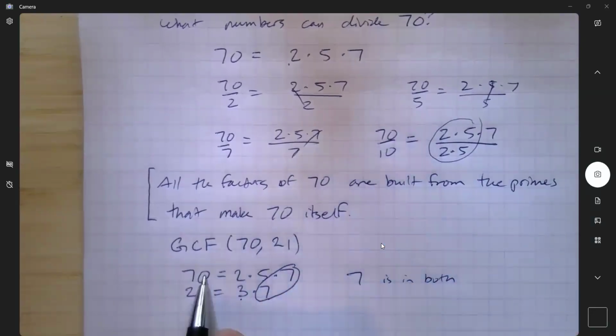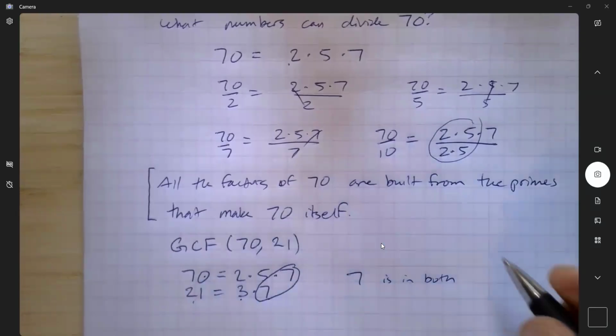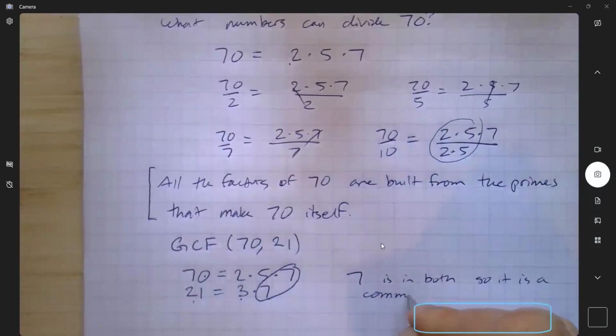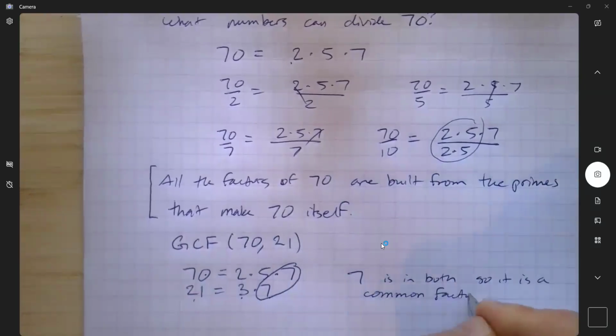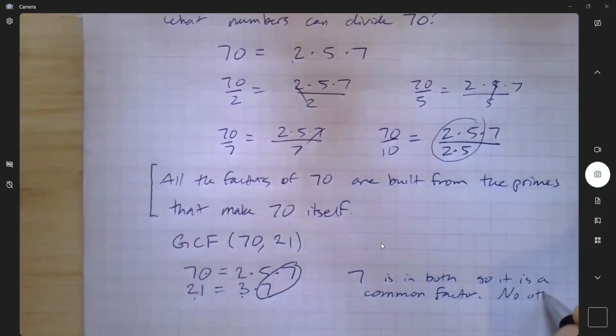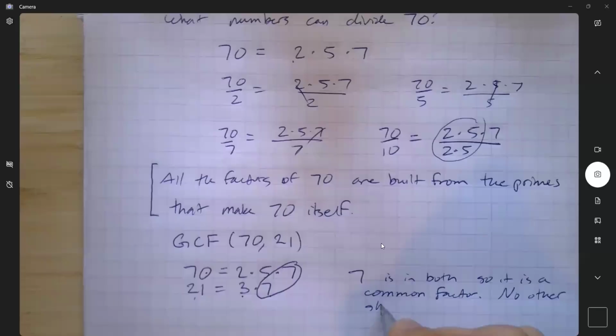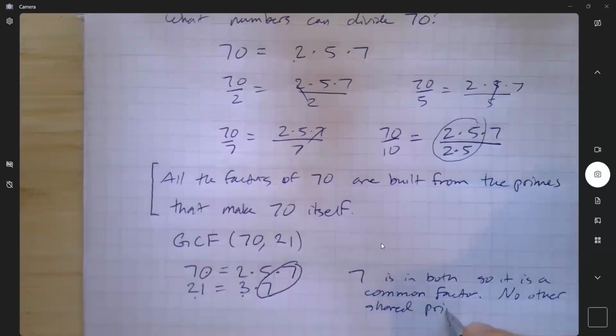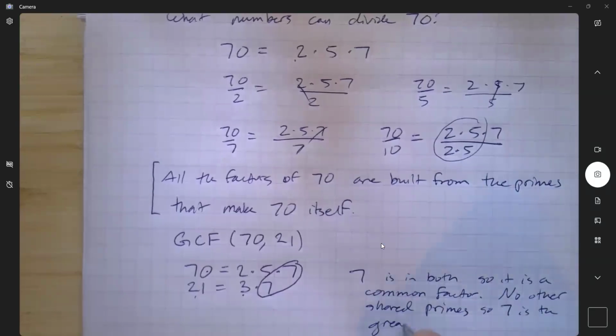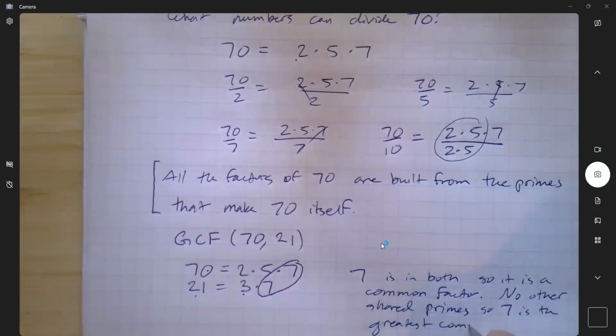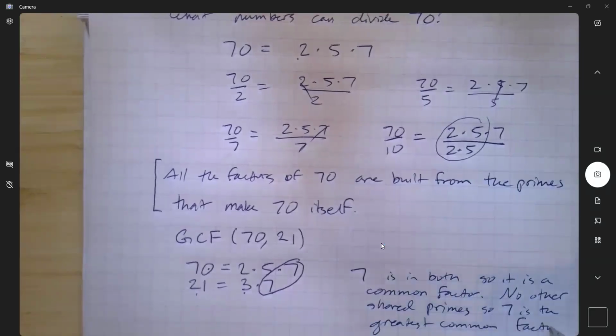That means 7 divides 70 and 7 divides 21. It's in both, so it is a common factor. There are no other shared primes. So 7 is the greatest common factor.